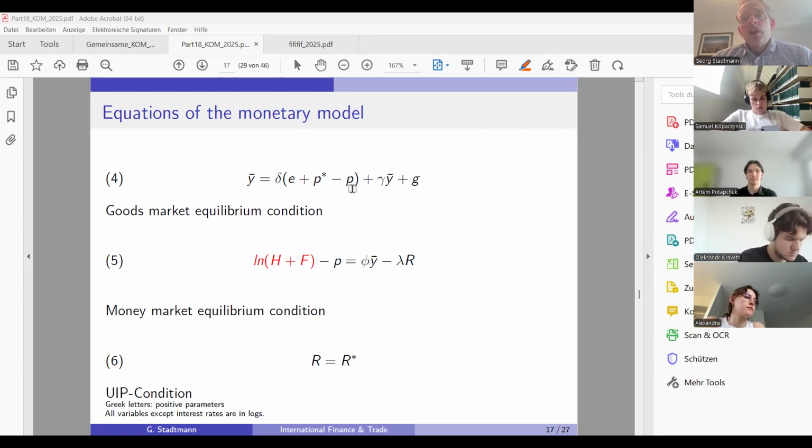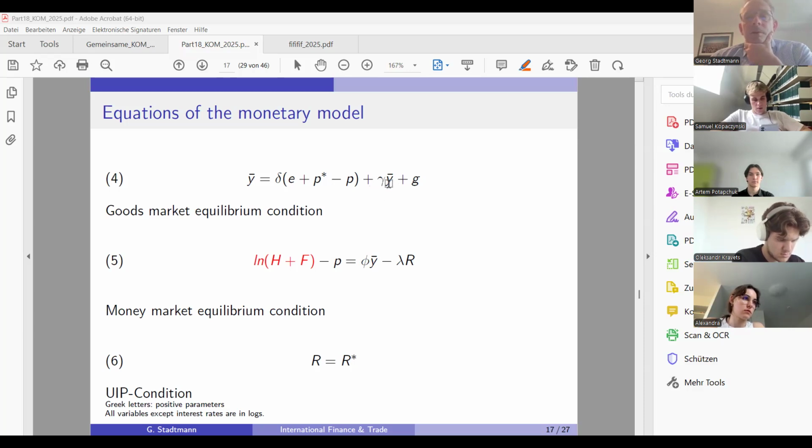When the real exchange rate changes by 1%, the demand for domestic goods is up by delta percent. And then the next term, we have a gamma, and gamma tells you by how much goods demand increases in case that GDP changes by 1%.